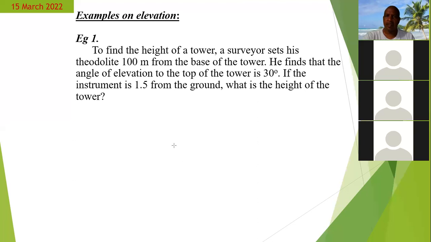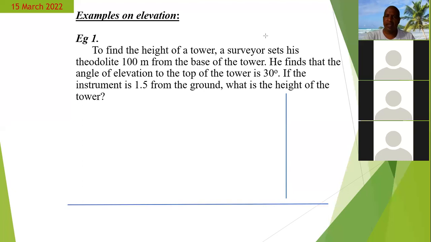Sure. Just draw the ground. Draw the ground level then. All right, so let's say that's the ground level. There you go. Now draw one tower. All right, let's say that this is our tower.